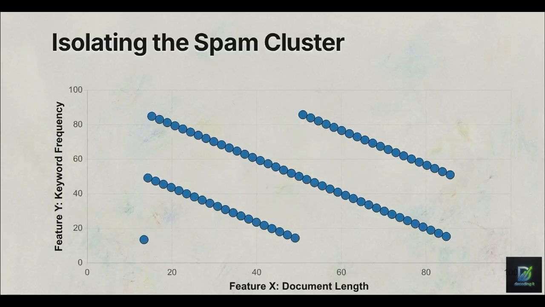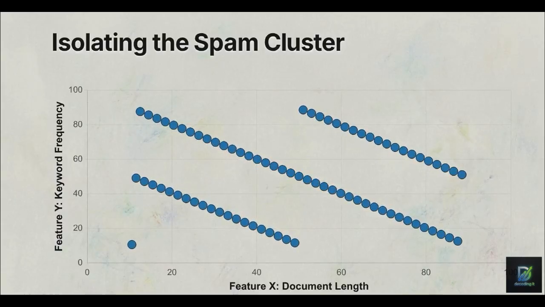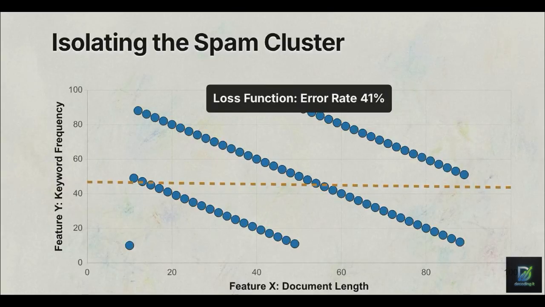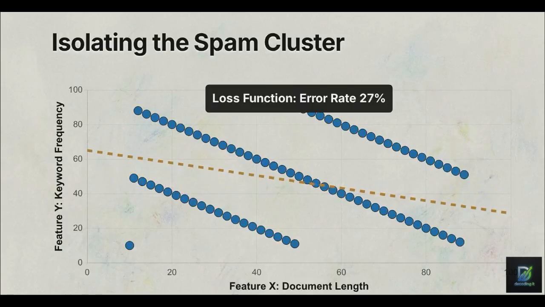What we see in this diagram is a multidimensional scatter plot, showing how the algorithm translates an email's vocabulary into specific mathematical coordinates. As the model looks at the training data, it makes its guess on whether an email is junk. If it gets it wrong, a mathematical function called a loss function calculates the exact size of the error.